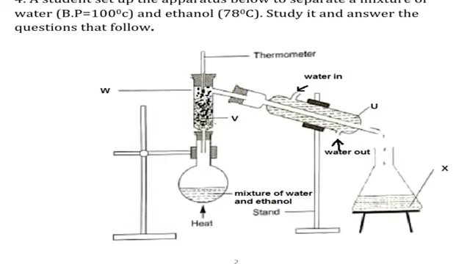Where we have water out, it should be water in, and where we have water in, it should be water out, so that it can cool this substance in that tube. Then you can see here in the thermometer, they have sunk the thermometer. They should be up there.